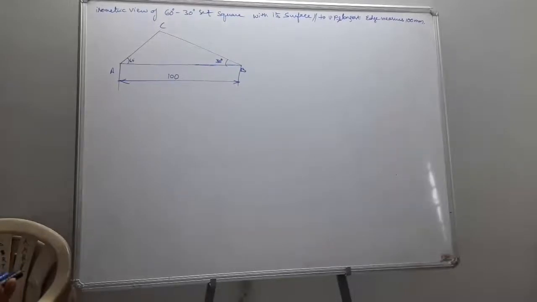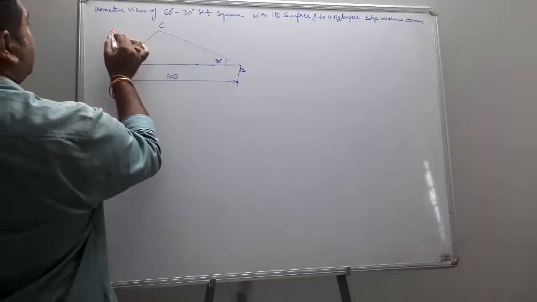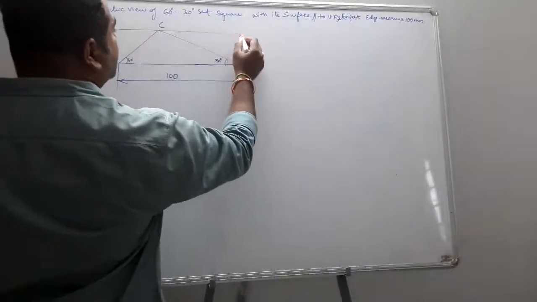Now how can we do the construction? Simply inscribe this triangle in a box. First of all, you have to consider this should be inscribed in a box.